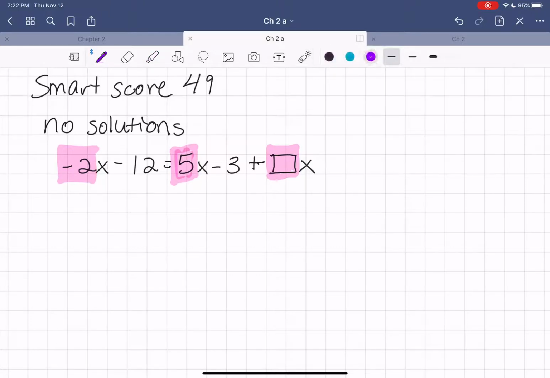So if you have negative 2 and you need to add a number to 5 to get negative 2, what are you going to put? What plus 5 is negative 2? You don't have to write out this equation, but basically I'm asking myself, what plus 5 would give me negative 2?